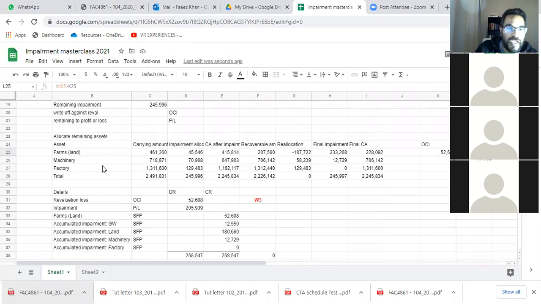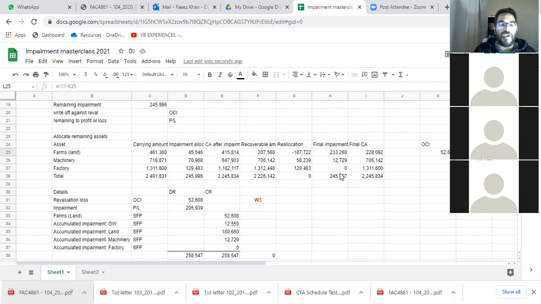You needed to get to this point to know how much of the revaluation of land must first be reduced before going to profit or loss. So just take note of that.